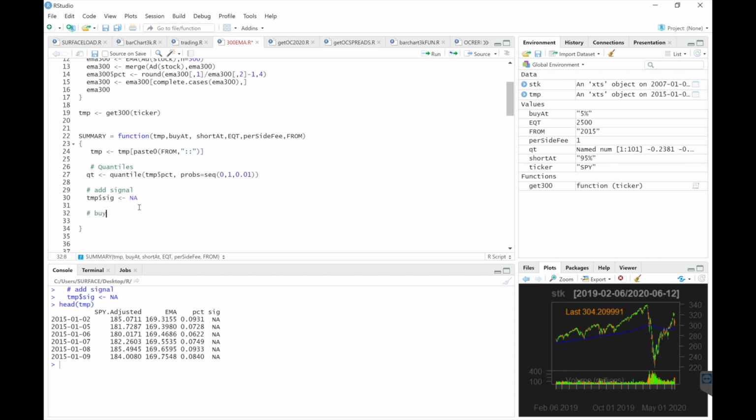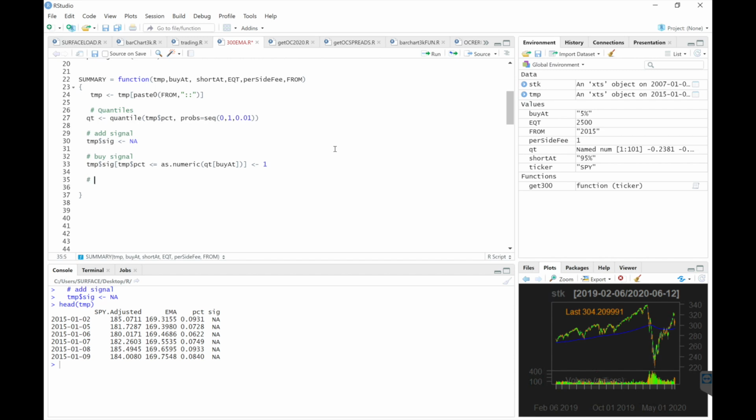Alright, so this is going to be for our buy signal. Whenever the percentage difference is less than or equal to our quantile threshold, I'm going to buy, so I'll add a 1. Alright, this will be for our sell signal.